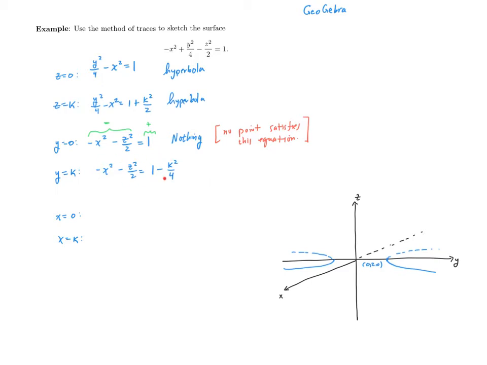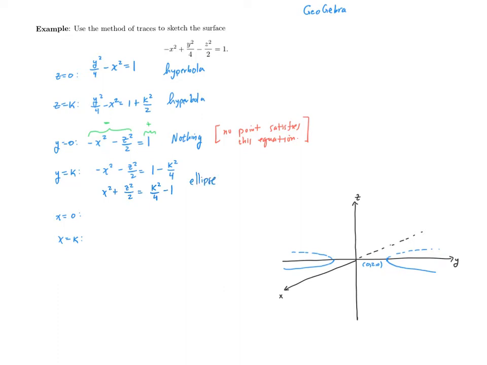Anytime I see more negative signs than positive signs, I want to take care of that, so I'm going to multiply everything by -1. We could write this as x squared plus z squared over 2 is equal to k squared over 4 minus 1. Now this becomes more familiar looking, at least in terms of our previous example.